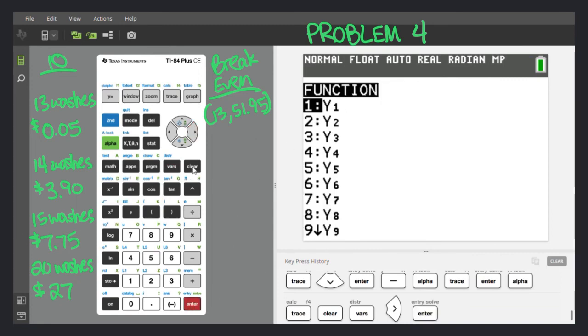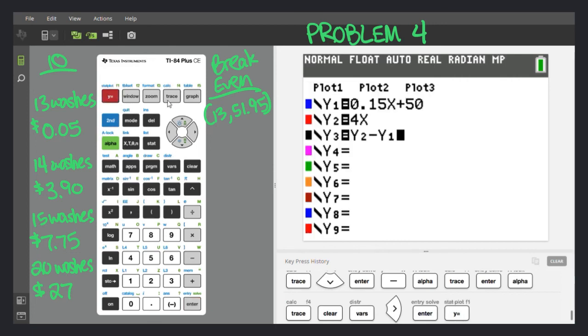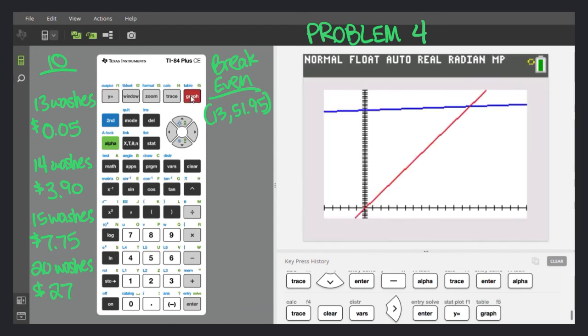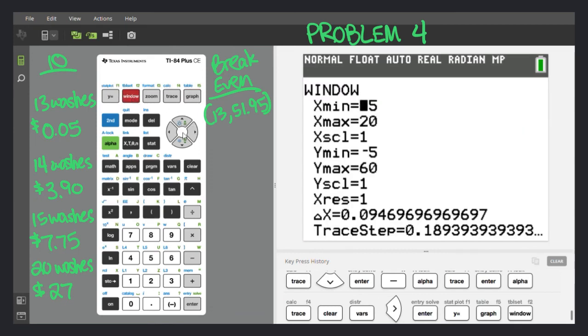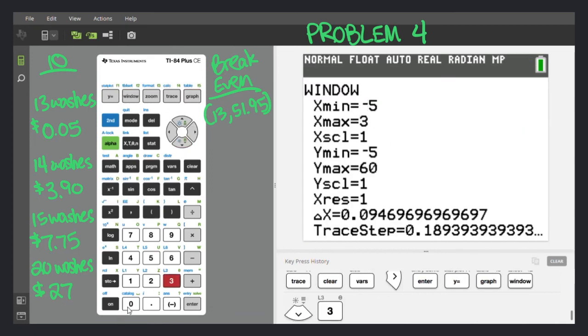So there they are right there. But really no need to do that unless you don't have that feature. Okay, now let's graph this. And we could see this is cost, this is revenue, and then this over here is profit. So maybe I want to change the window a little bit more, and I'll go to Xmax 30 just to see more.